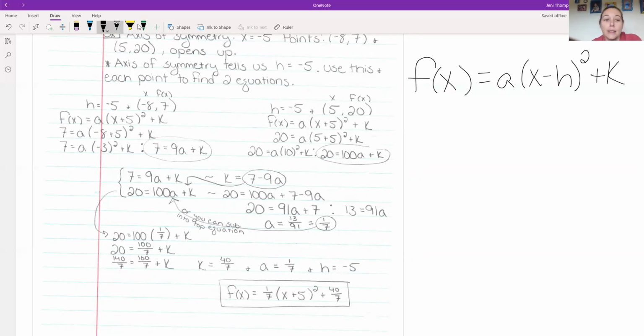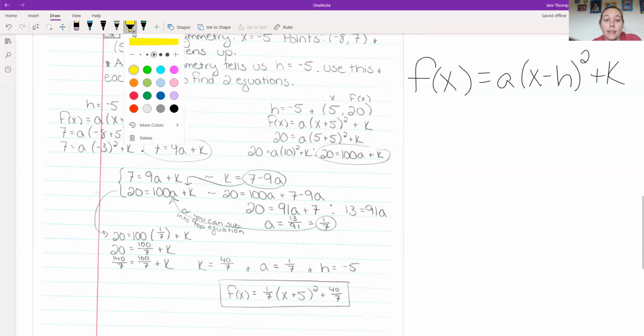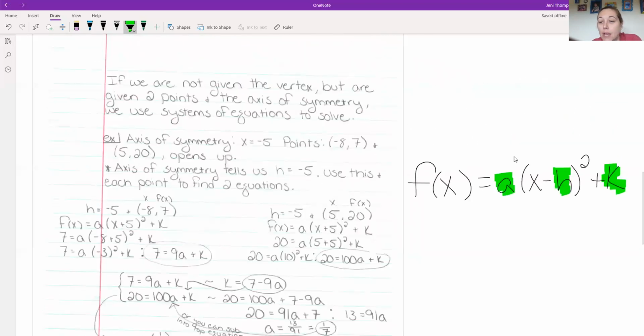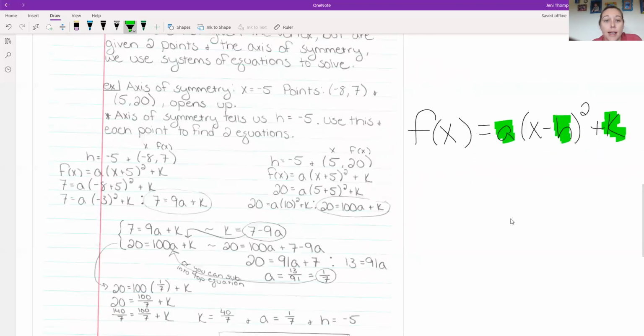So to write this quadratic function, we need a, we need h, and we need k. That's what gives us our final equation, right? So we need to find all of these components.